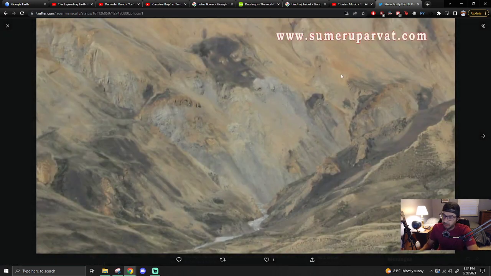This is incredible. Here's this mountain. Here's the ramp. Looking at the ramp, it's the left side, and all the way over there, beyond. And this is the very left side.